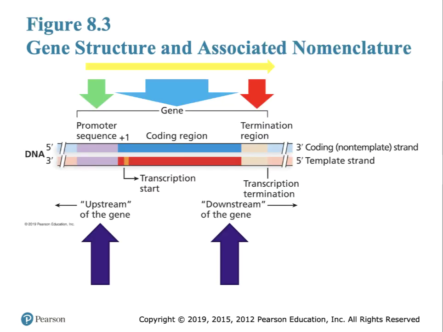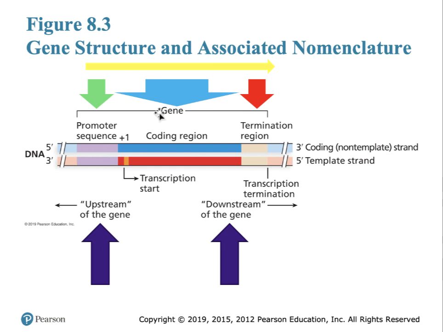This figure reiterates this information. A gene consists of three parts so far: the promoter, the coding region, and the terminator. The promoter is the switch, the terminator is the signal to stop further progression of the RNA polymerase, and the coding region carries the information that's going to be converted into messenger RNA.